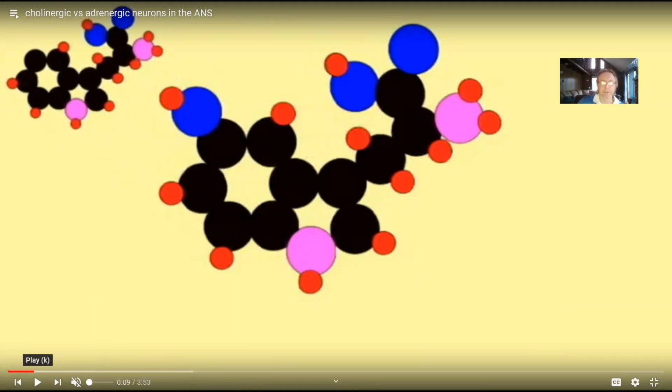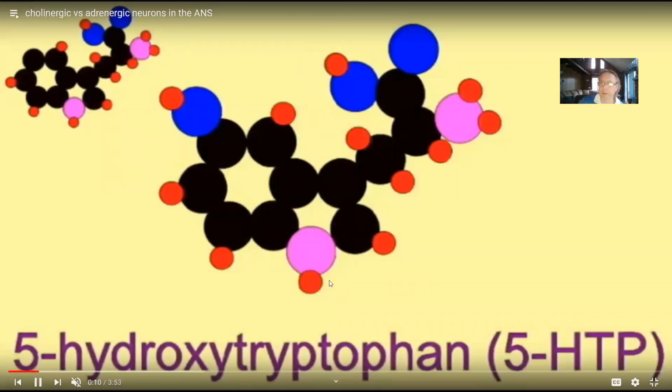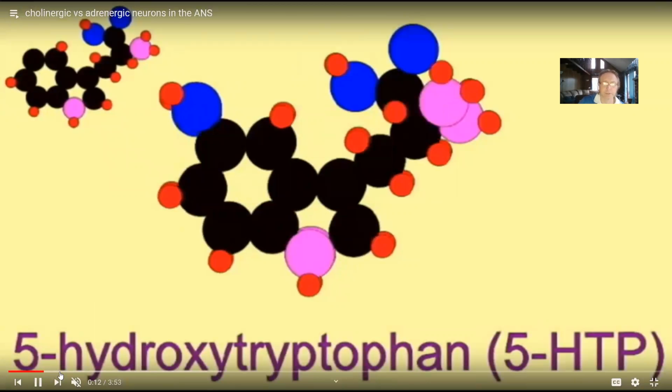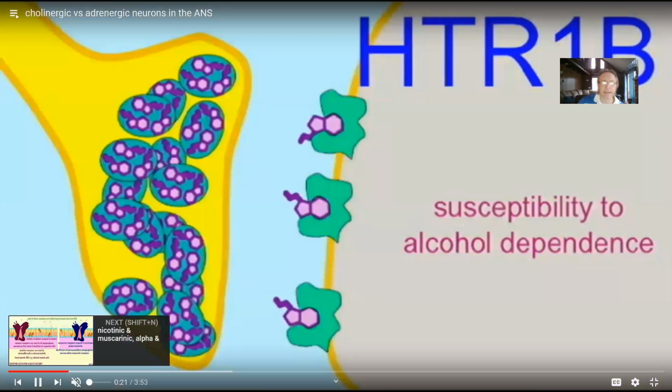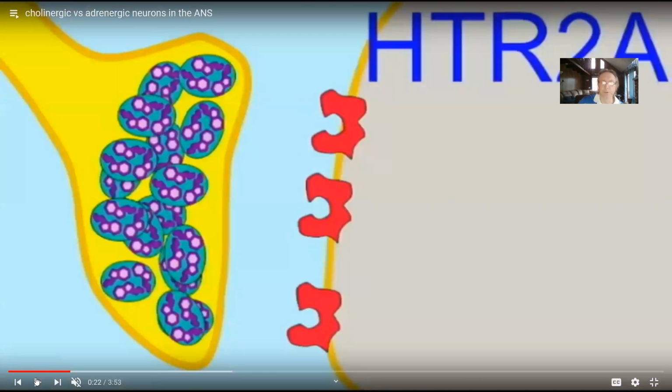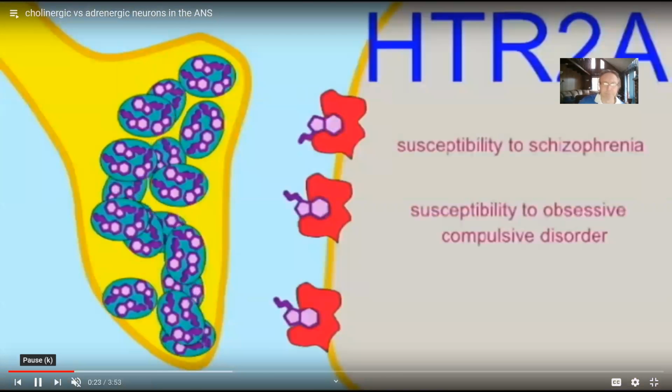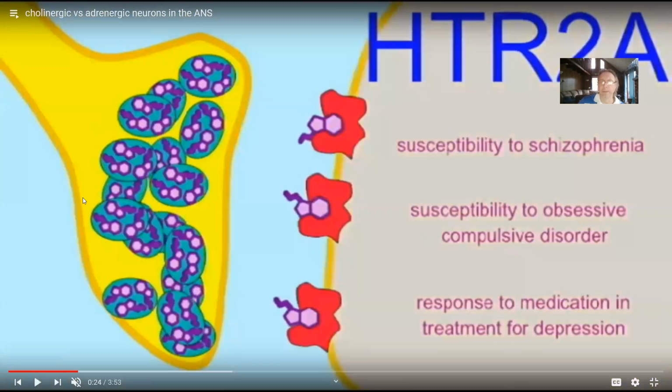So here you see something different. You see serotonin, and obviously there are neurons which have to make serotonin. If that's going to be the neurotransmitter of choice, they then release serotonin at a synapse, and then serotonin binds to receptors. So this cell made the neurotransmitter. This cell made the receptors for the neurotransmitter.